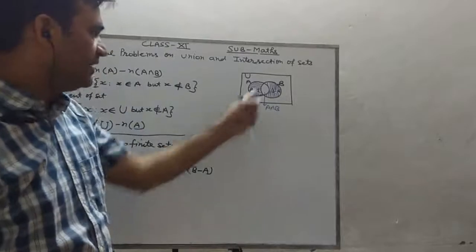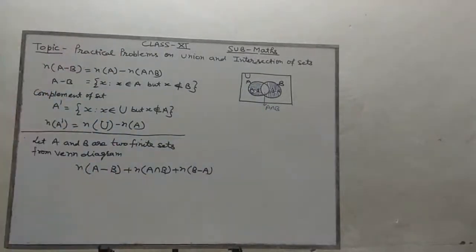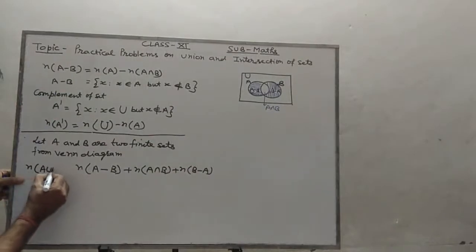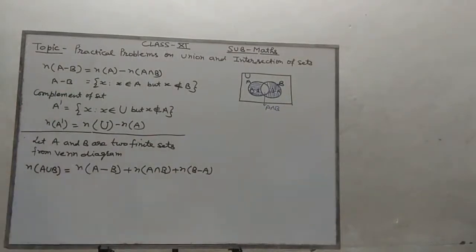We will get A union B. So the number of elements of A union B will be equal to this.